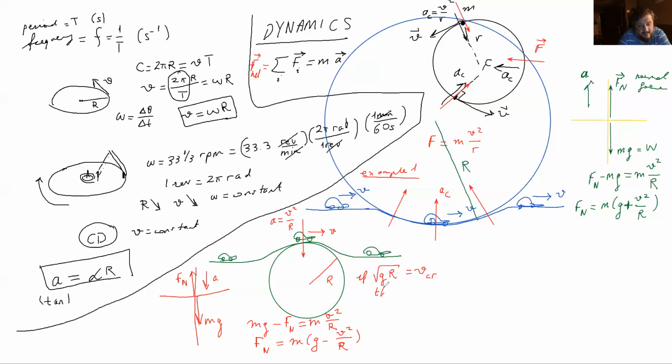Then the normal force will be 0. You lose contact with the road, you start flying, all right? So this is your maximum velocity. Under normal conditions, you have to drive slower than this critical or maximum velocity.